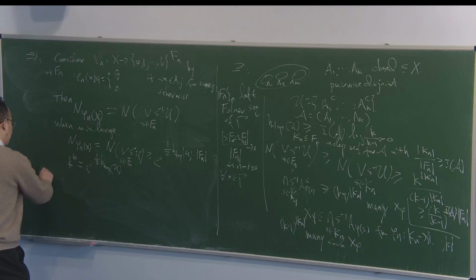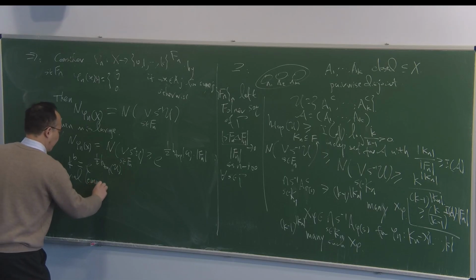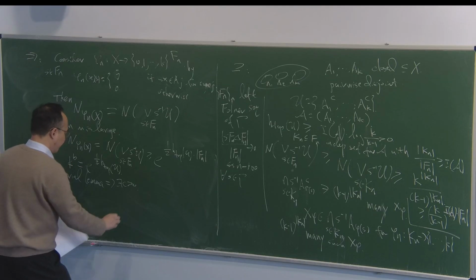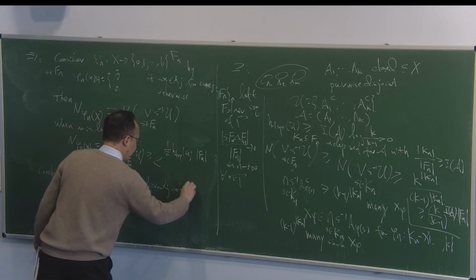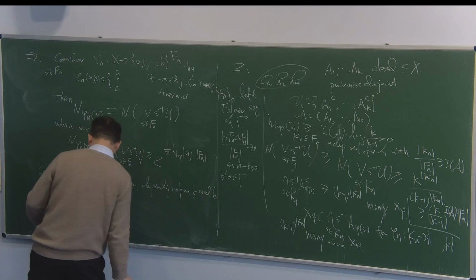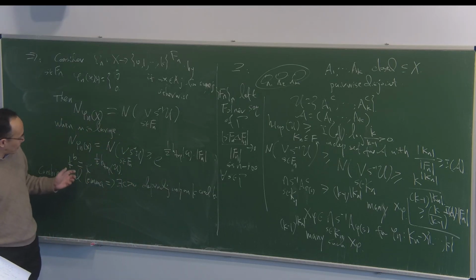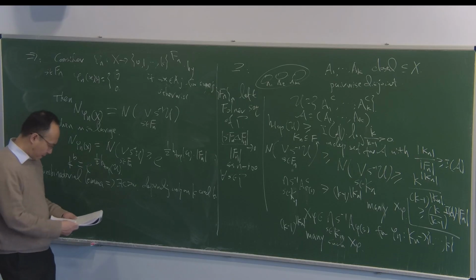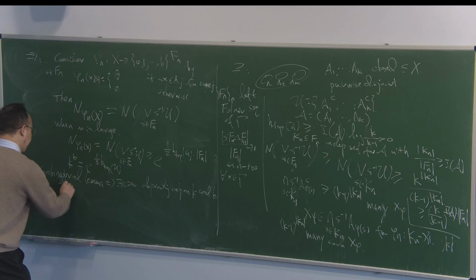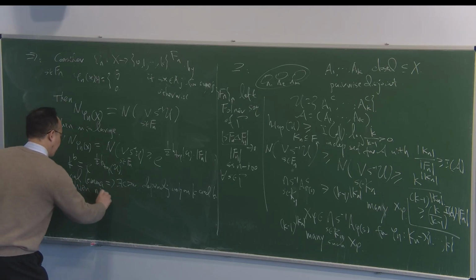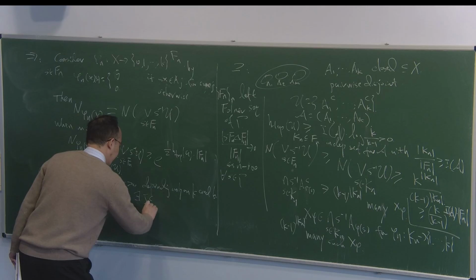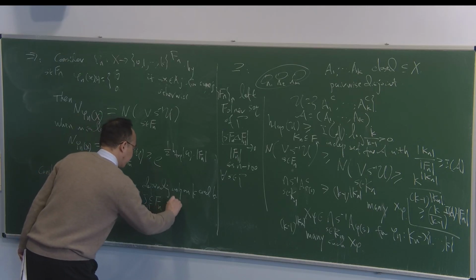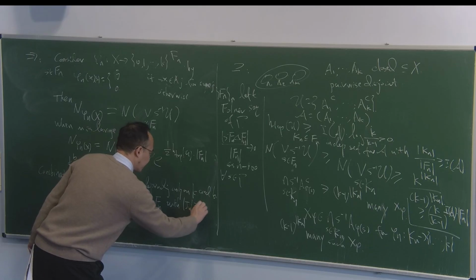Then the combinatorial lemma tells us that there is this C, depending on K and B, but then it really just depends on K and this entropy here, such that when n is large enough, we get J inside of Fn with the size of Jn at least C times the size of Fn.